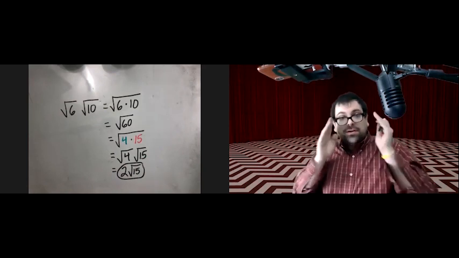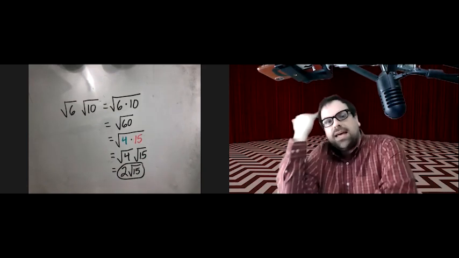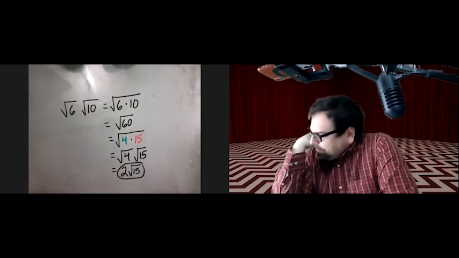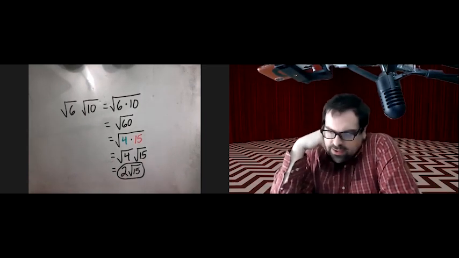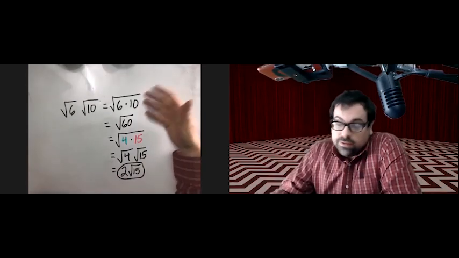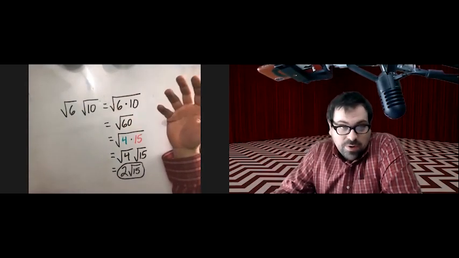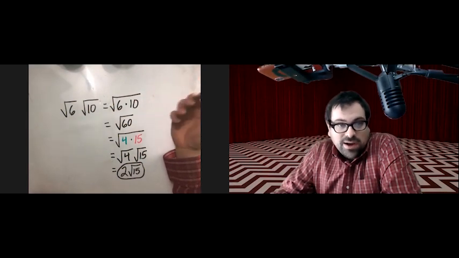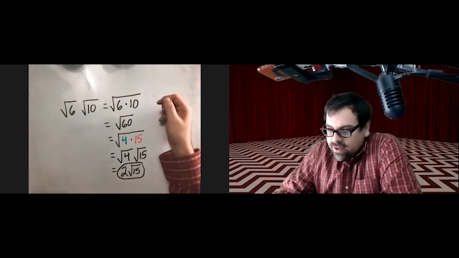Now remember, we have our special instruction that's always at play. Assume that we have positive real numbers. Here we can see 6 and 10 are positive real numbers. We don't have to worry about any absolute value signs.